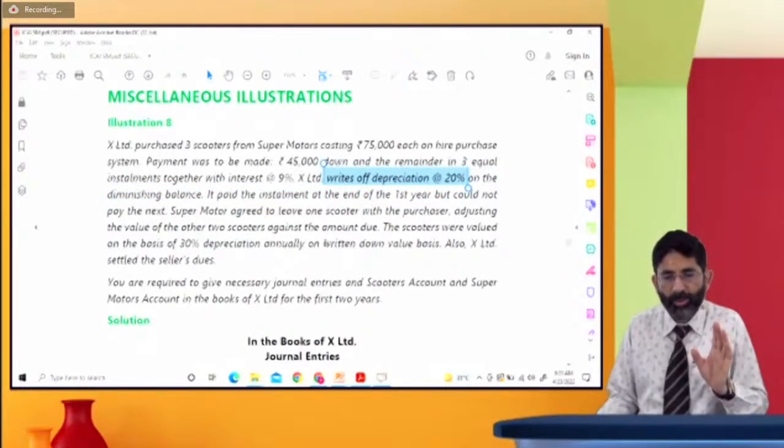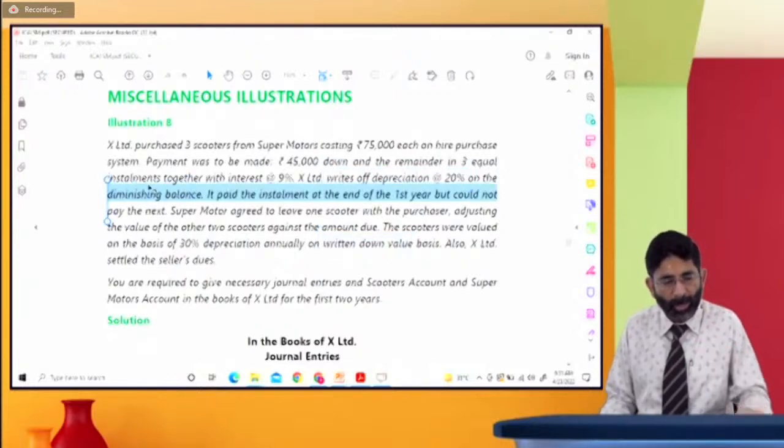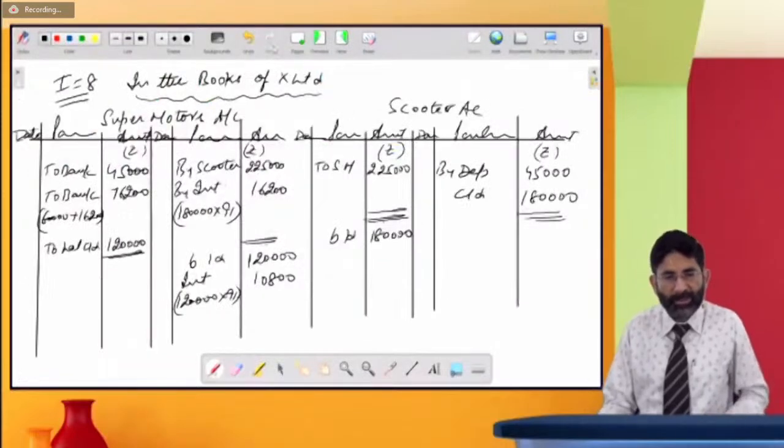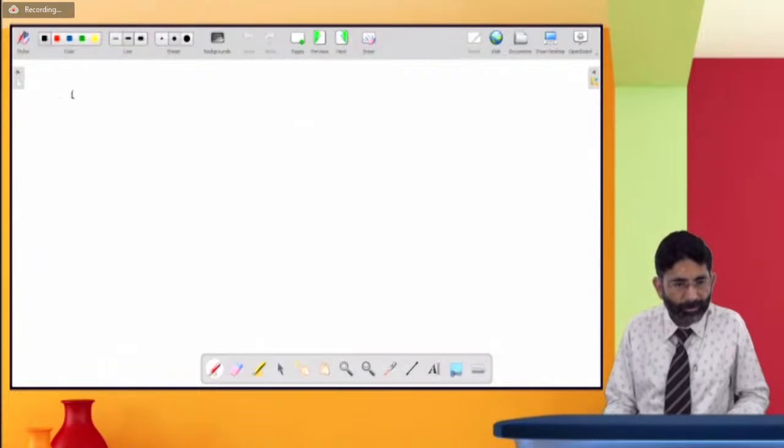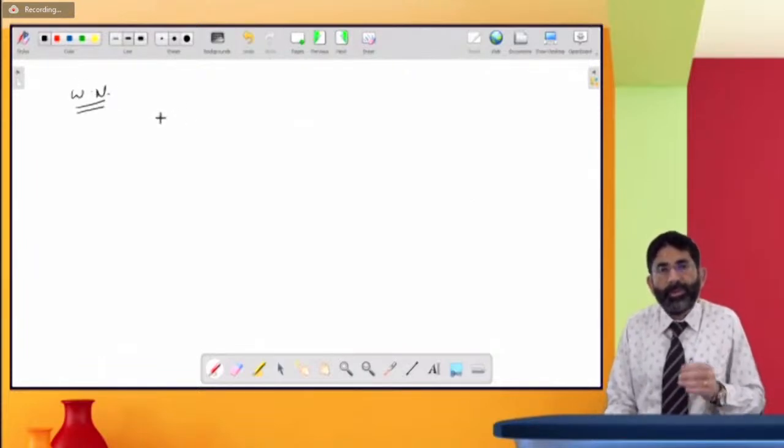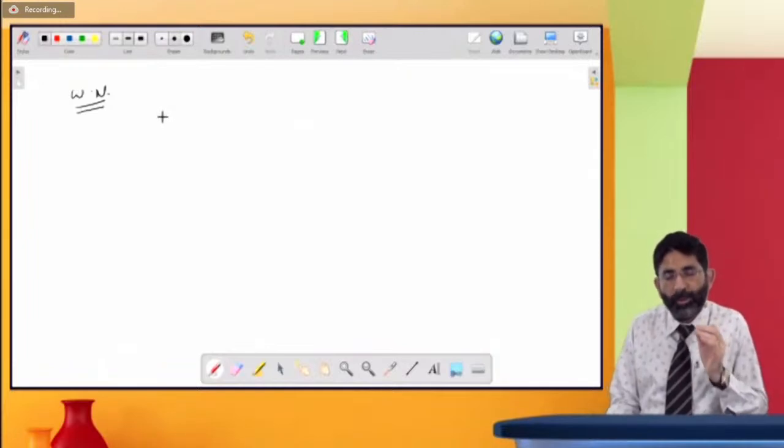Obviously, both are on written down value method. So what we have to do now? Let's prepare a working note. In this, we will make valuation of two scooters repossessed by the purchaser according to vendor and according to purchaser separately.